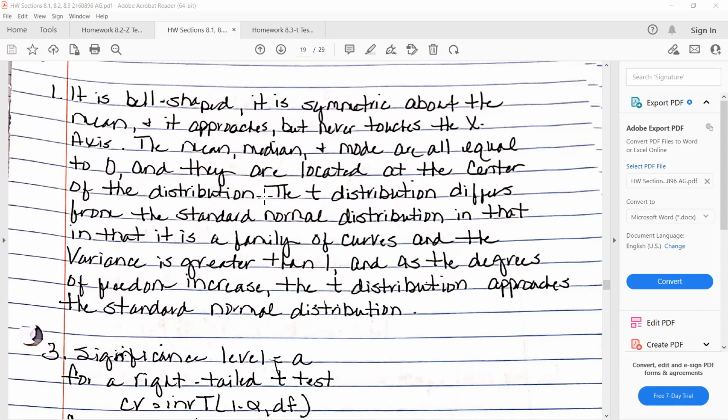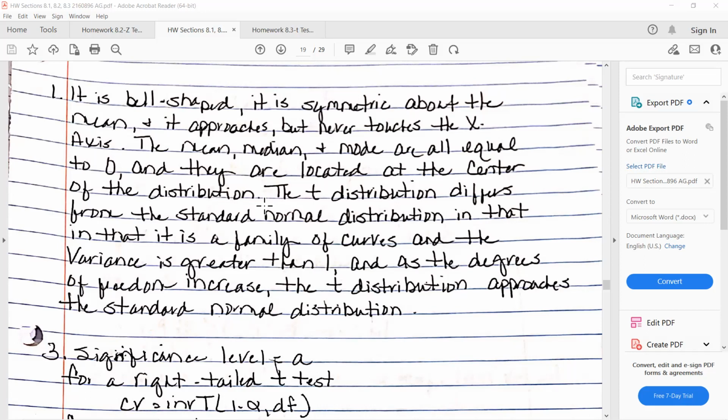The t-distribution differs from the standard normal distribution in that it is a family of curves and the variance is greater than 1. Normally for a standard normal, it's 1. Here it's greater.